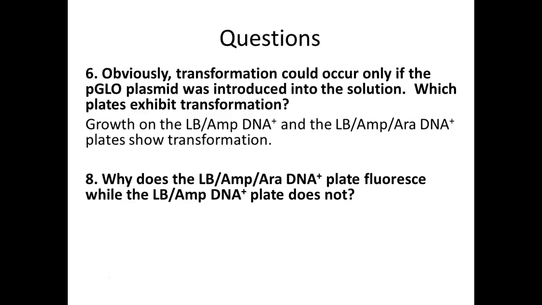The one that has ampicillin and arabinose will grow as well. Only transformants, only the cells that have taken up the DNA and utilized it, produce the beta-lactamase enzyme, are going to grow on these plates. And they can only do that, shown by our control plates, if they have the plasmid.